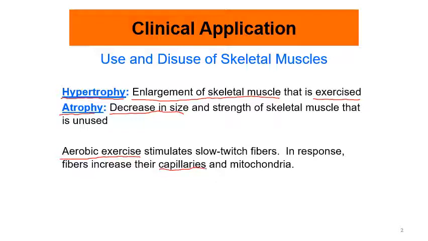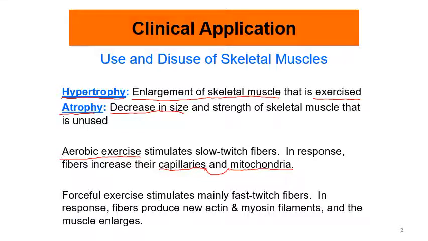More capillaries go to our muscles, bringing oxygen to them. And muscle cells also increase the number of mitochondria. Both of these increase the cellular respiration capacity to make more ATP. So aerobic exercise increases capillaries and mitochondria in the muscle cells.